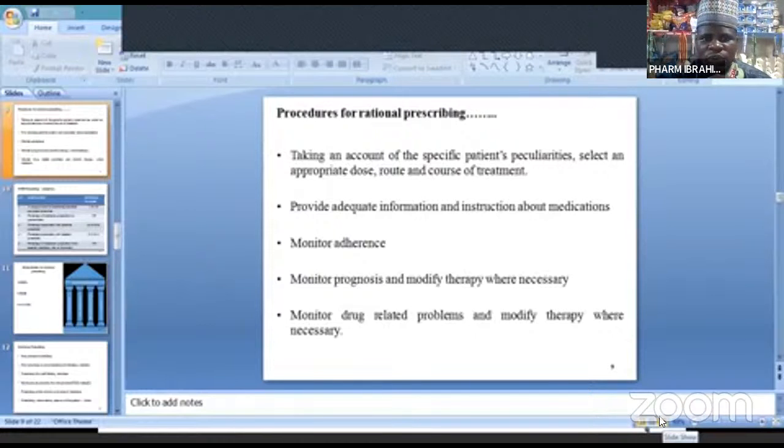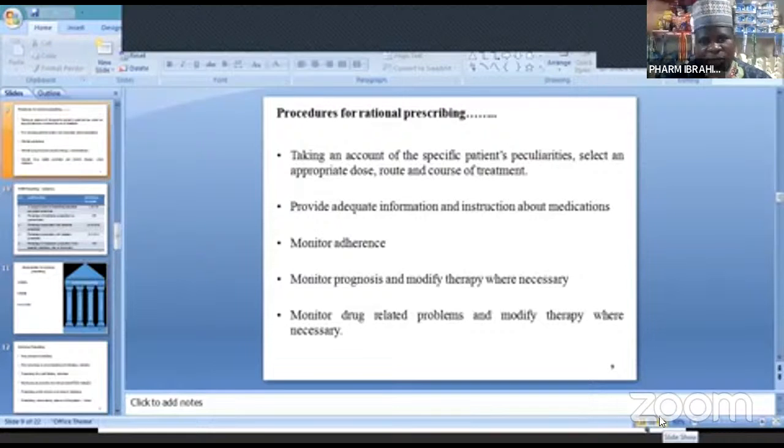Number 1 is the average number of medicines prescribed per patient encounter. This is to check the practice of polypharmacy, which is seriously discouraged, because the more drugs you have in a prescription, the more the likelihood of interaction and adverse drug reaction. The optimal value for WHO is 1.6 to 1.8.